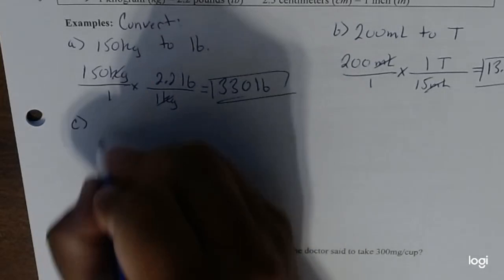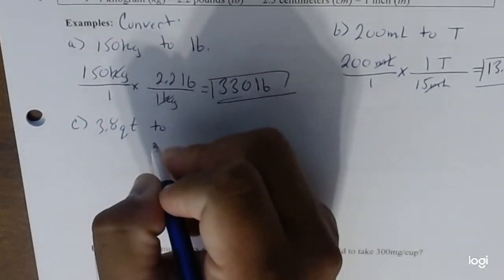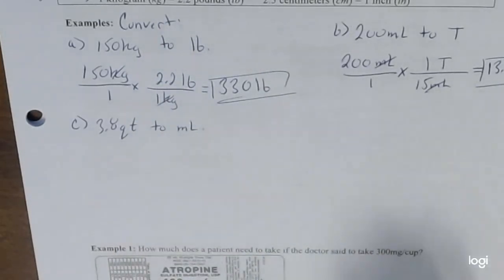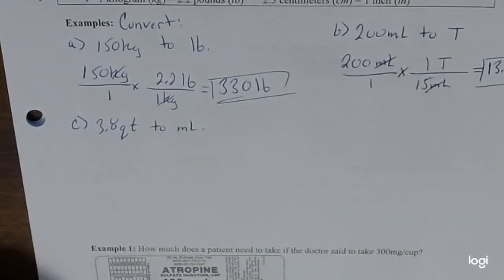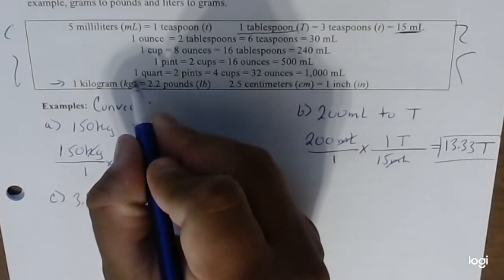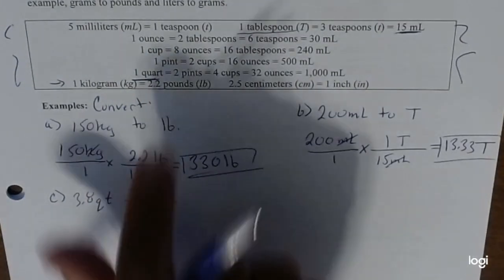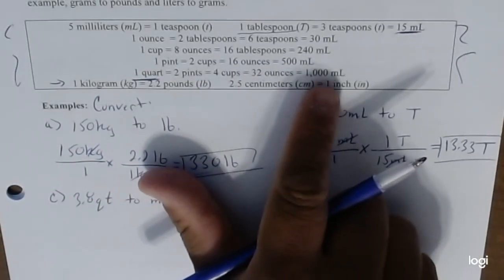Let's convert 3.3 quarts to milliliters. Same thing, we want to try to go from one to one as best we can. Hopefully you can see we have a relationship going straight from quarts to milliliters, and it's right here. This is the only one we have with quarts involved. We know 1 quart equals all of these, and at the very end it has milliliters.